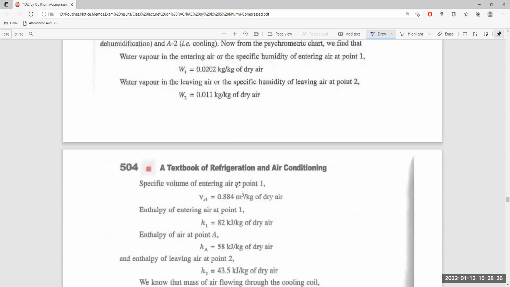The specific volume of entering air at point 1 is 0.88 cubic meter per kg. Enthalpy of air at point 1 from the chart is 82 kilojoule per kg, enthalpy at the apparatus dew point is 48 kilojoule per kg, and enthalpy of air at point 2, the outlet, H2, is 43.5 kilojoule per kg.